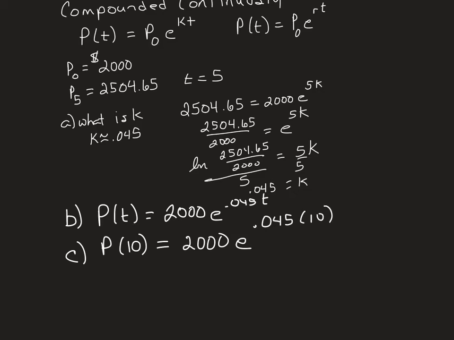If we put that in, we have 2,000 times e to the 0.045 times 10, and you should get $3,136.62. Since we're talking money, you can have cents. If we were talking a population, you can't have a part of a person, so you'd either round up or round down.